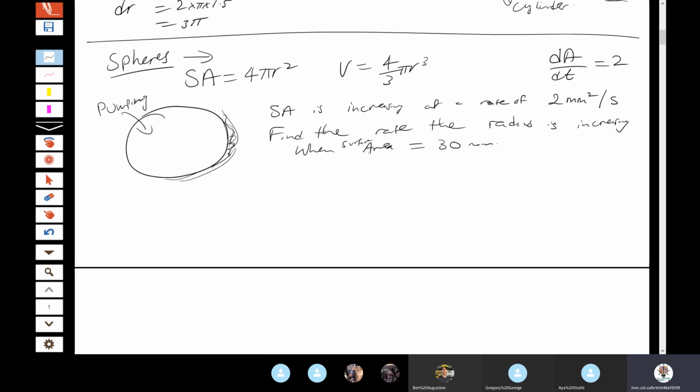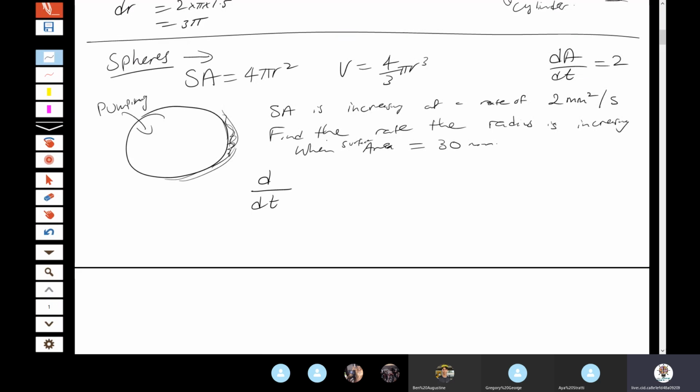Let's start with you. Find the rate the radius is increasing. So what are you actually looking for? dr on dt. You already have dA, so that's wrong. Read it again.